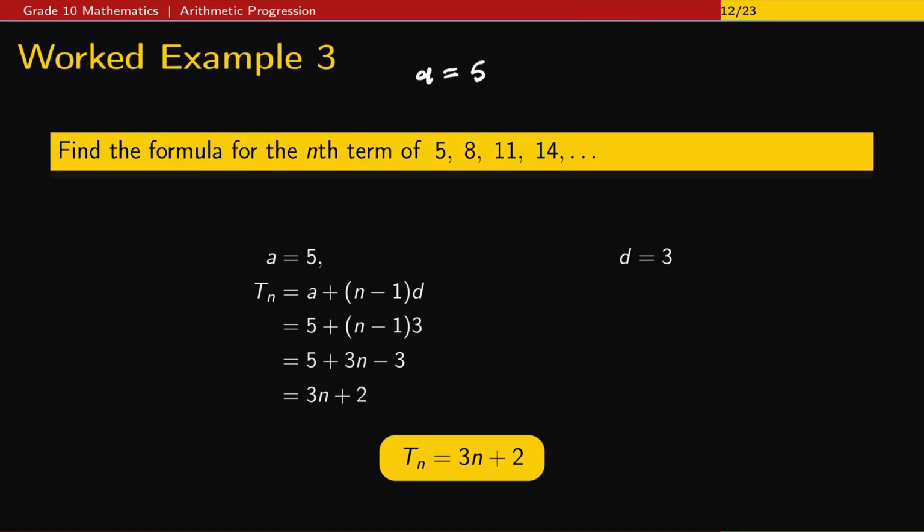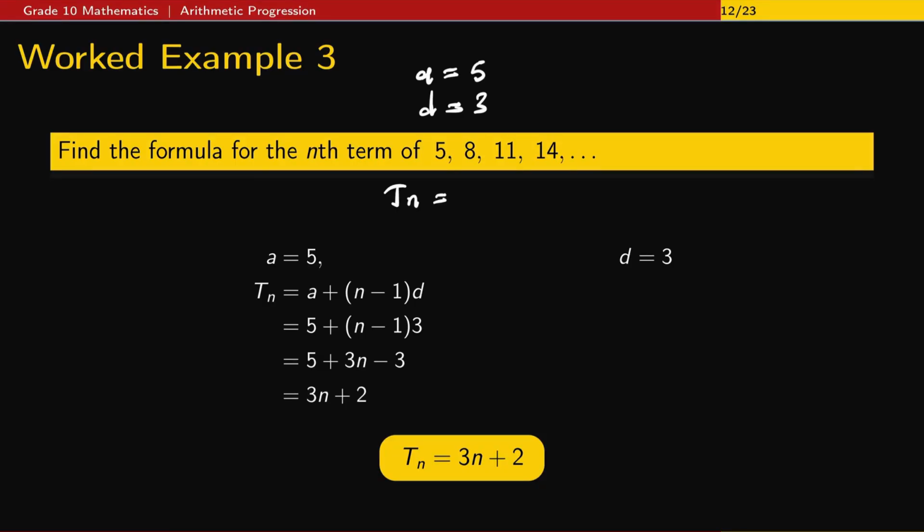So the first term here, a is what? Is 5. And the common difference is what? So 8 minus 5 is what? Is 3. Okay. Now, remember, in this case, they have not specified whether n is 1, 2, 3, or 4. So we just leave it the way it is.